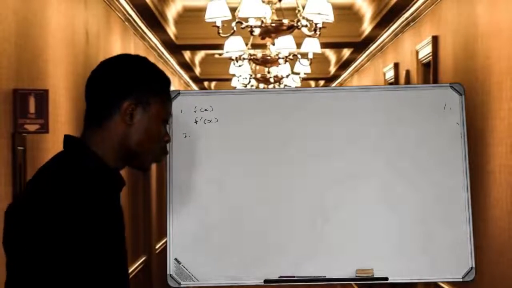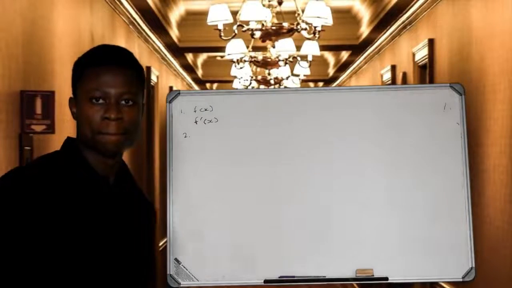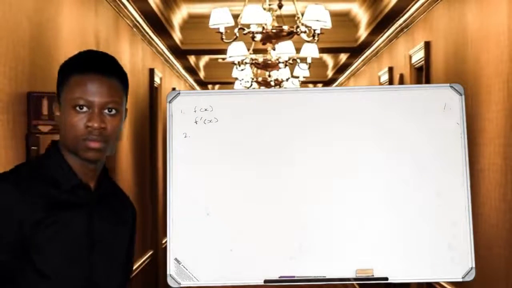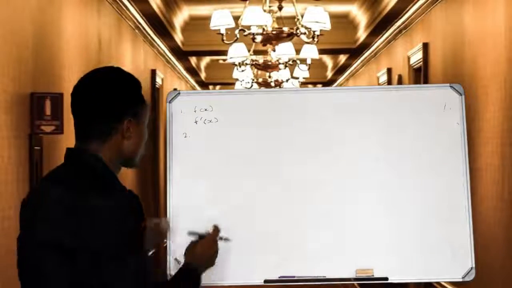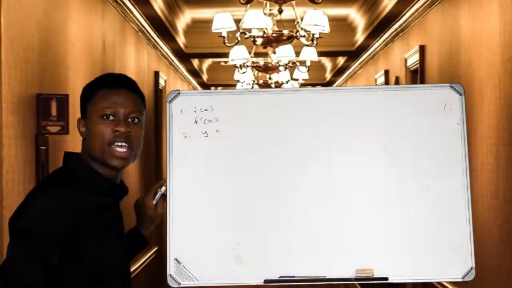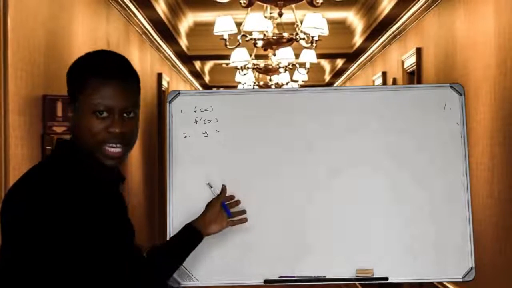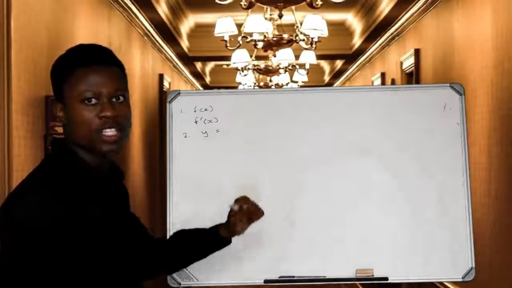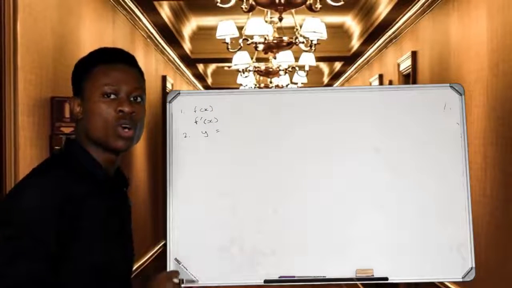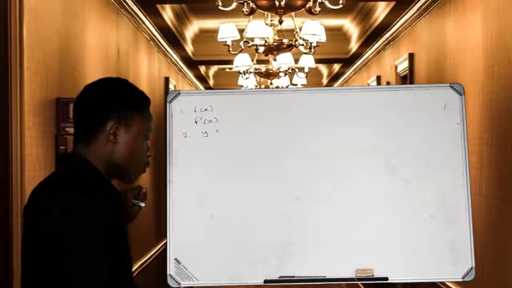The second way is they give you in terms of y. So they say y is equal to whatever the function is in terms of x. That's what we're working with. What's the differentiation of this?